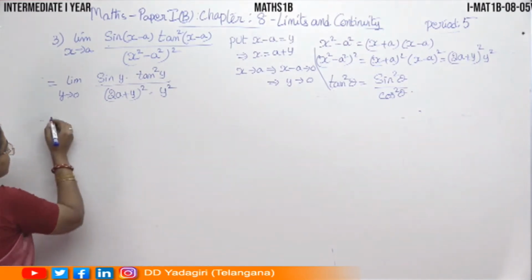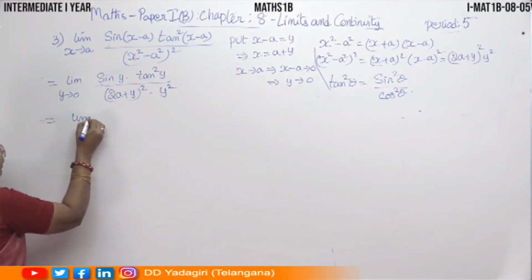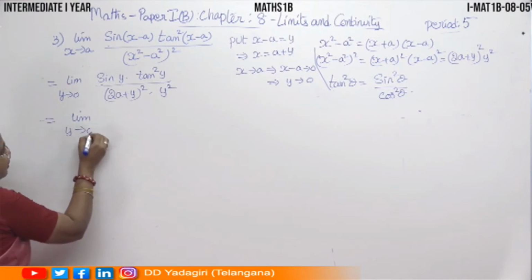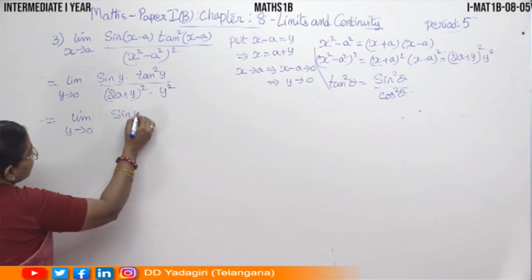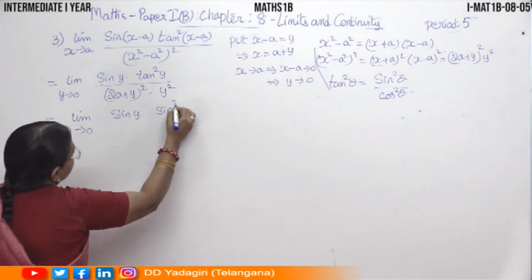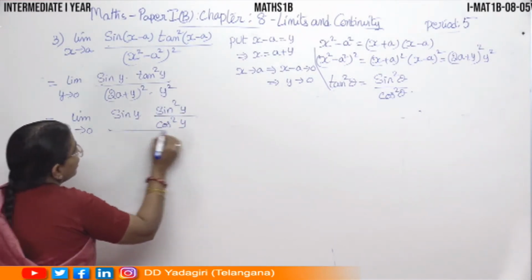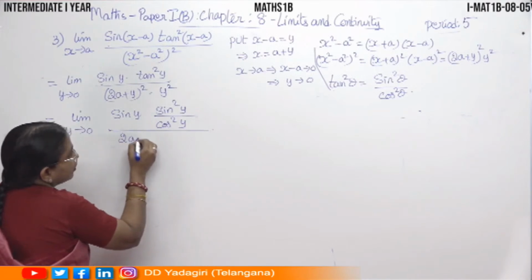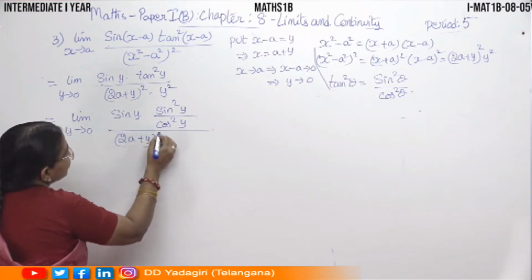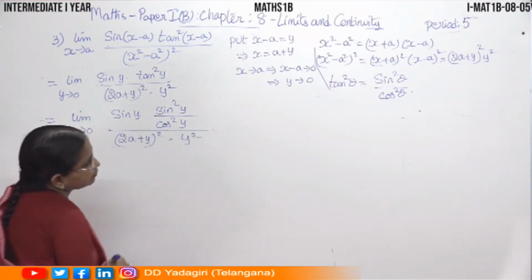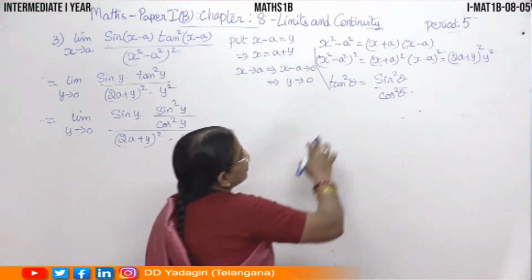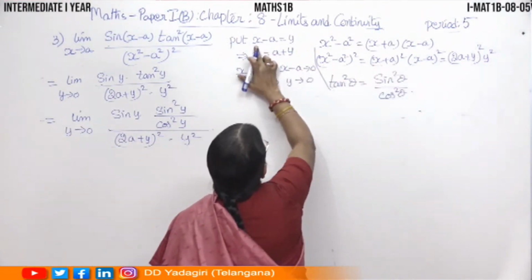Now we'll convert tan² y to sin and cos. So sin y into sin² y by cos² y, by (2a + y)² into y².